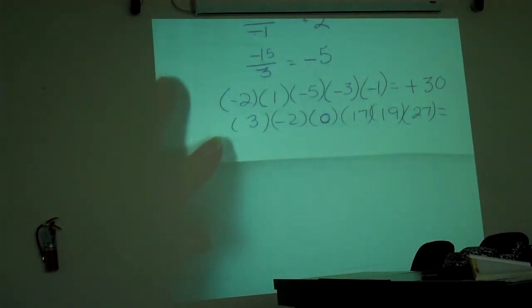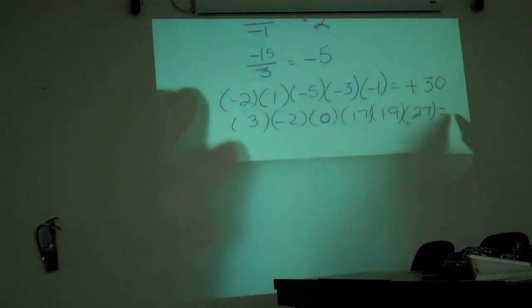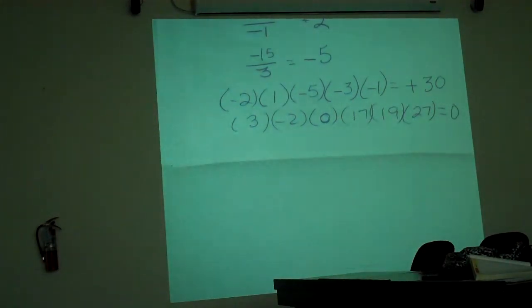It'll be 0. If there's a 0 anywhere in there, your answer is 0. That's why I threw in a bunch of hard numbers, because we didn't have to multiply them anyway. You see a 0 in there and it's all multiplied. 0 times anything is 0. Okay? Scared you when I had all those numbers, huh?